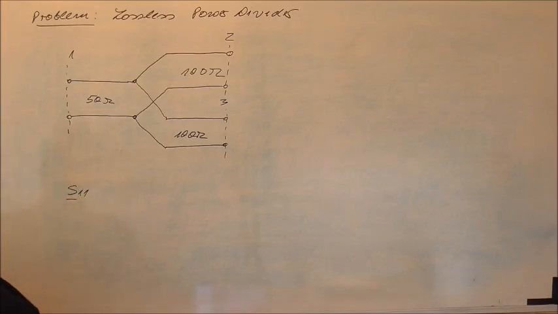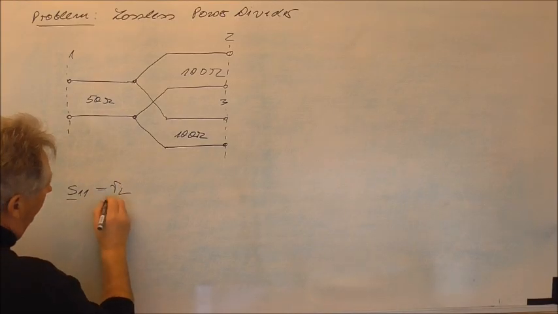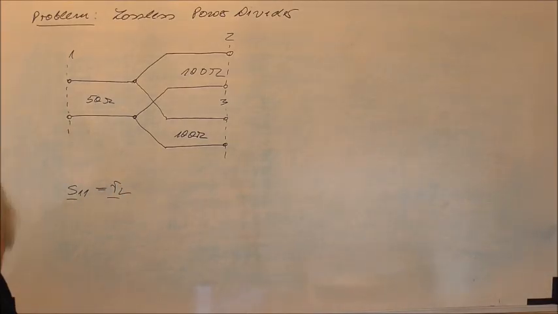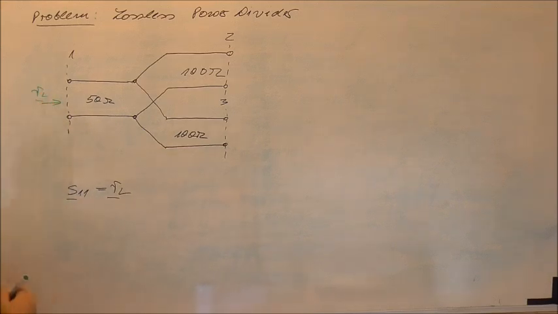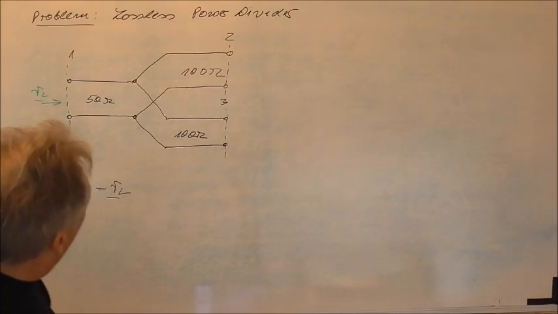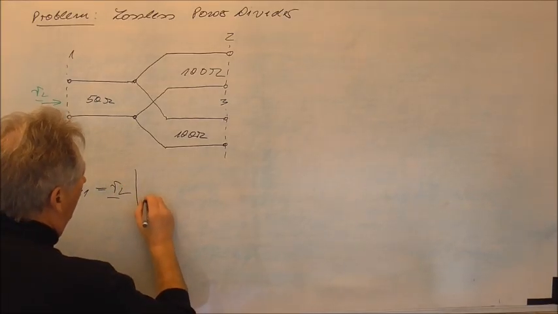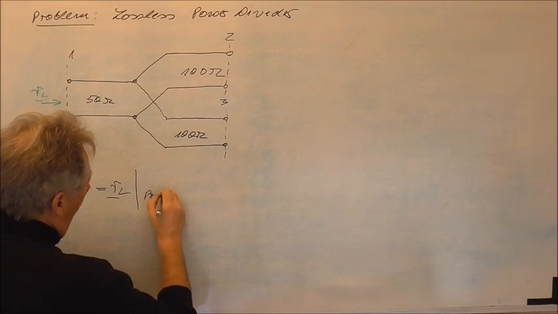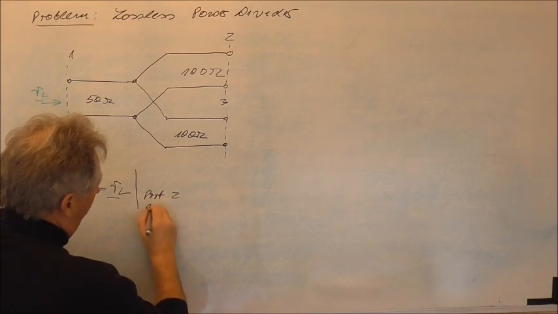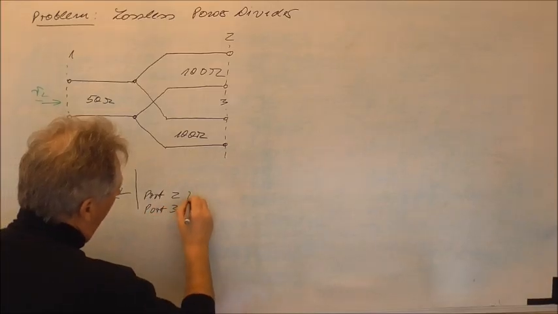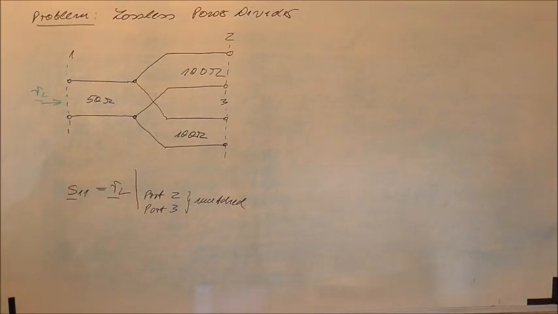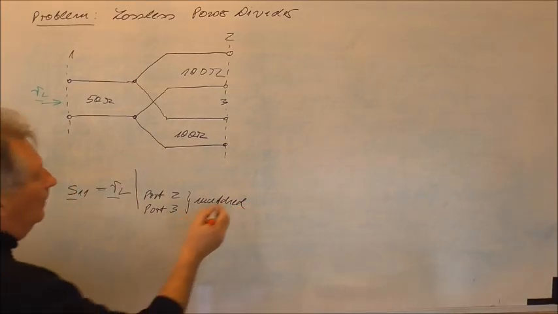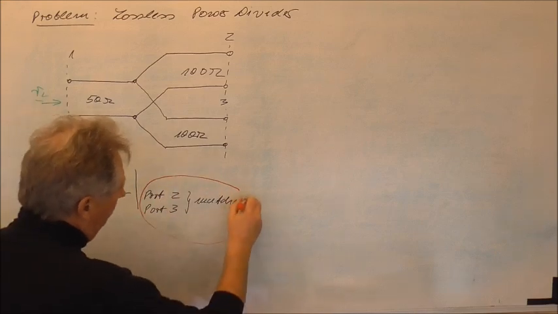And as you remember, S11 is the reflection coefficient I see into port 1 here, under the condition that port 2 and port 3 are matched. And again, these two ports must be matched.